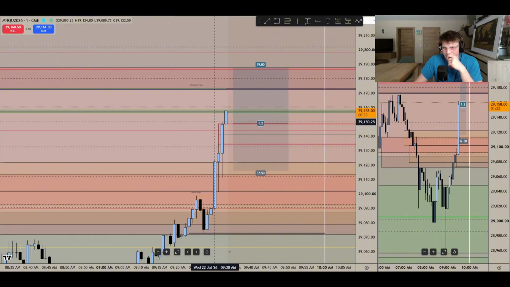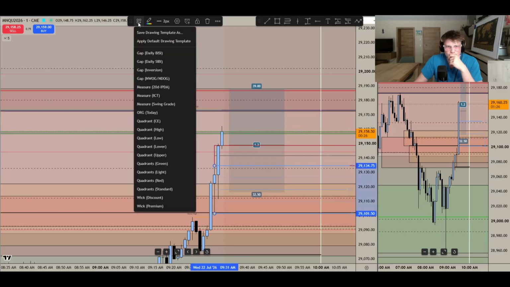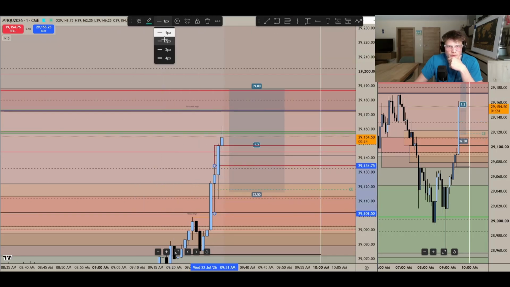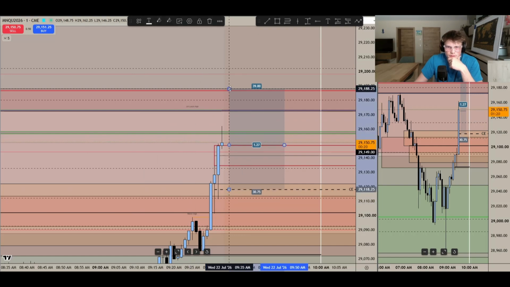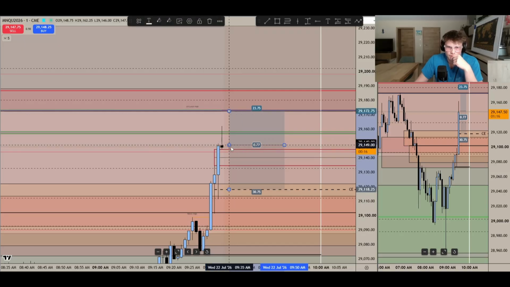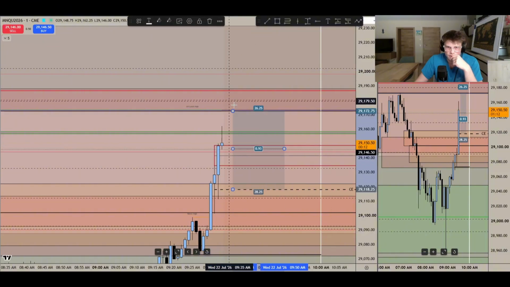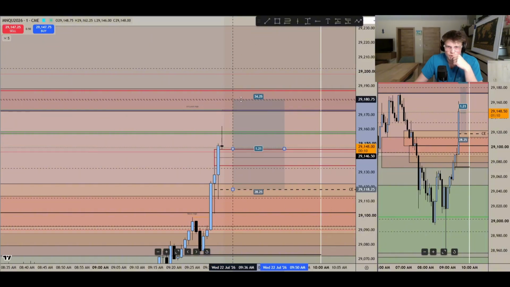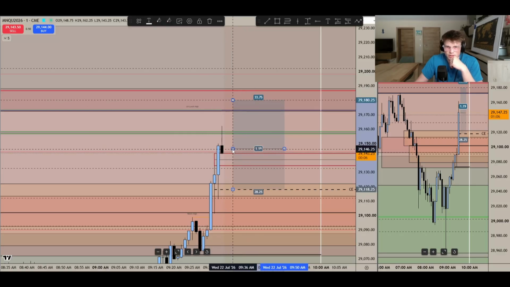We already have quite a displacement here, so playing it aggressively, you could do that technically and place the stop at the CE here, which would be this, and then aim for, well, the first target would be this one here, right? Let's see. Depending on where it closes, you could aim for the hourly CE here of that SIBI.